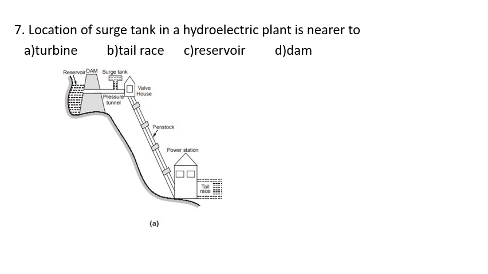It is an open vessel. The function of the surge tank is to control the pressure at the penstock and thereby reduce or balance the water hammering effect occurring at the penstock, and thus protect the penstock. When we close the valves at the power station or valve house or somewhere else, sudden movements of the water can cause damage to the penstock.